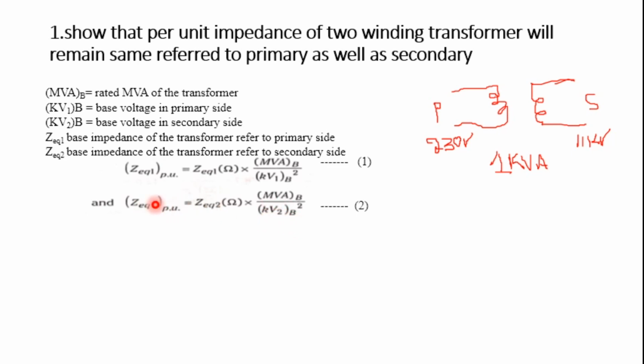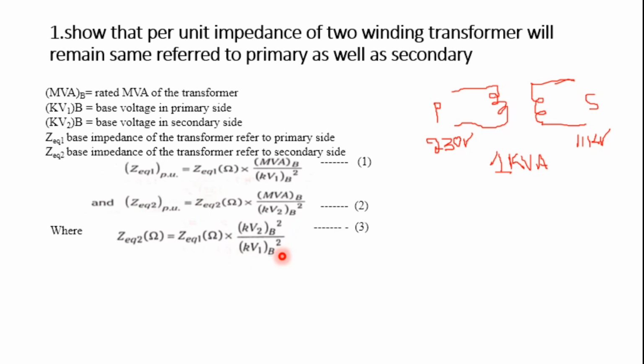Okay, so considering this, where Z equivalent 2 in ohm is equal to Z equivalent 1 in ohm into kV2 base squared divided by kV1 base squared.